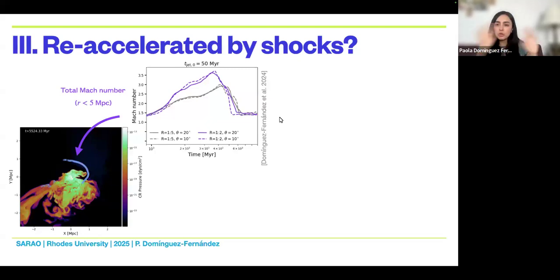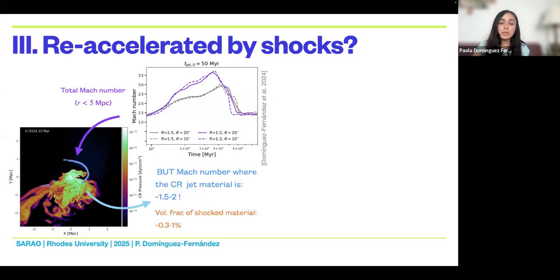Now, these are all the shocks within the box, right? But I want to see what's happening with the parts of the shock that are actually touching the cosmic ray material. So we did take a look at that, and for almost all of the simulations, the mean Mach number is rather low.